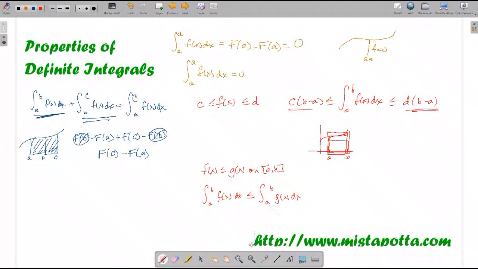And this just makes sense because if this has a higher y value, then the area under the curve should be more.